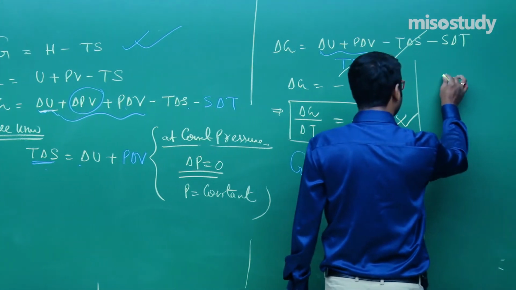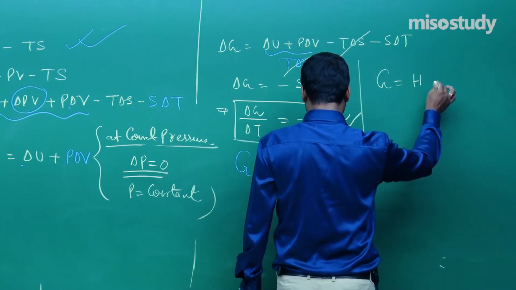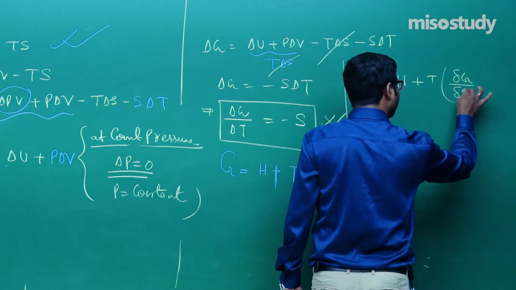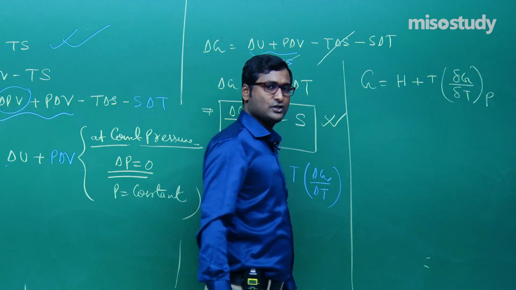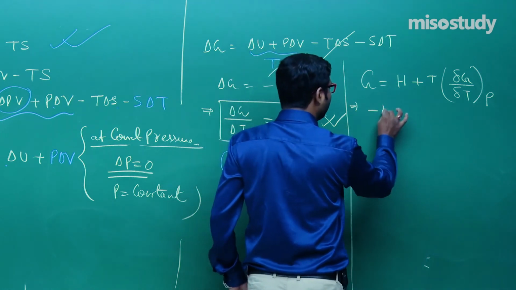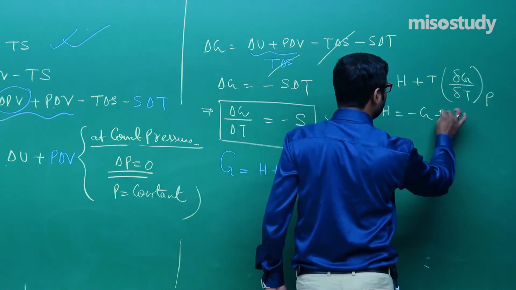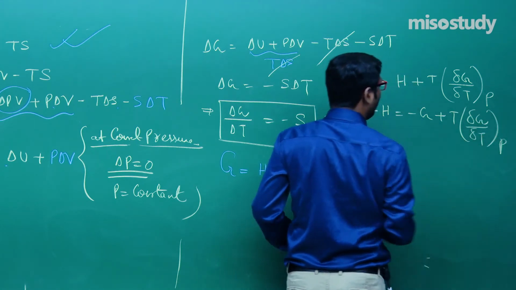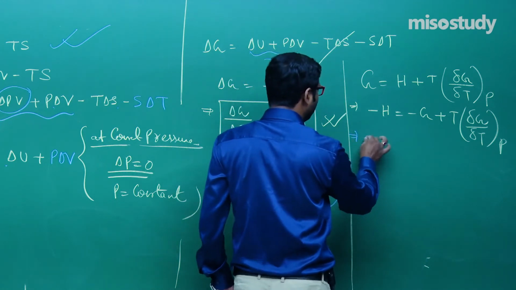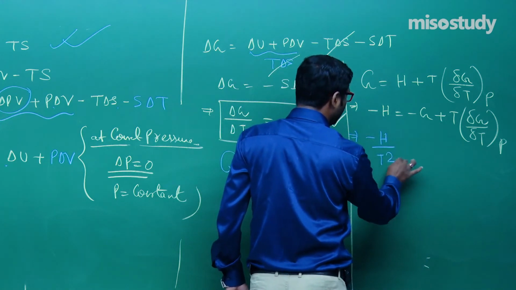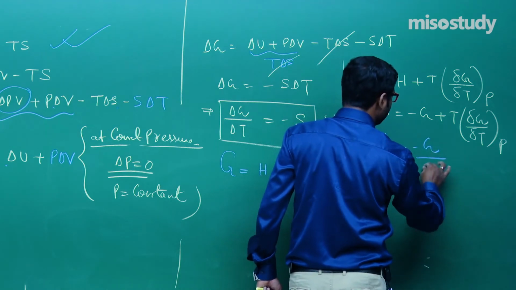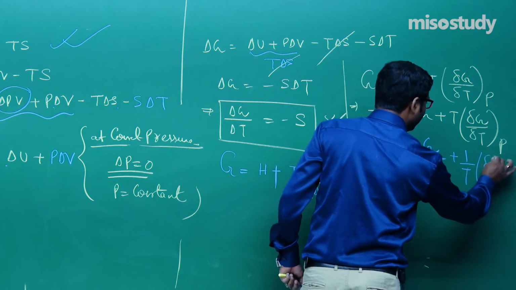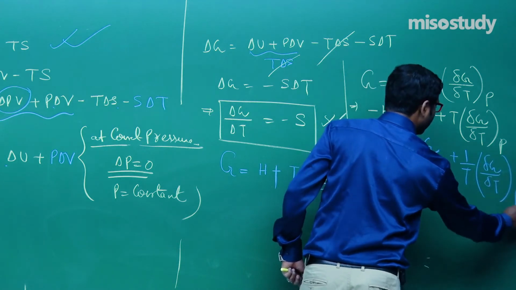Now it can be written like this: G is equal to H plus T delta G upon delta T at constant pressure, or minus H is equal to minus G plus T delta G upon delta T at P, this is the symbol. Now divide by T square: minus H upon T square is equal to minus G upon T square plus 1 upon T delta G upon delta T at P.